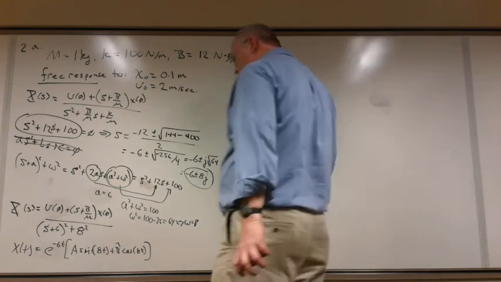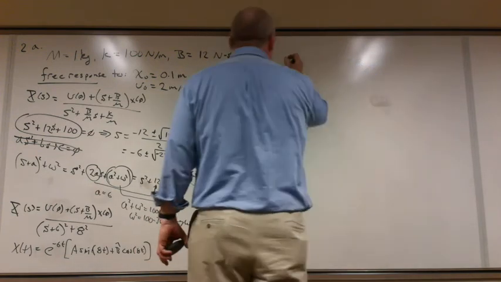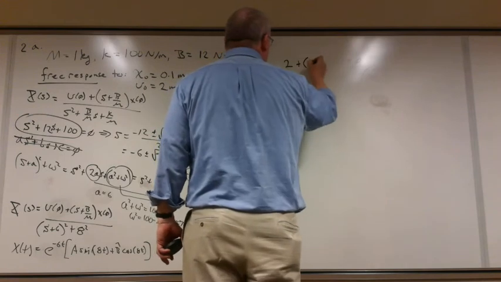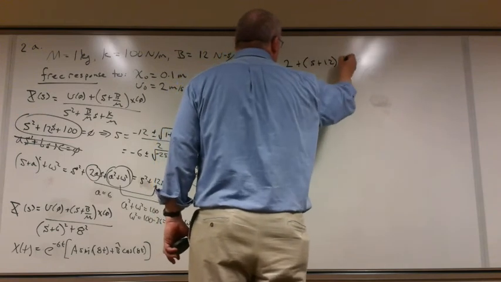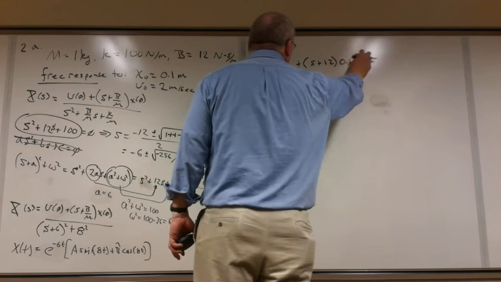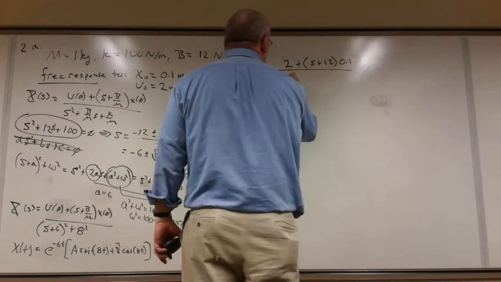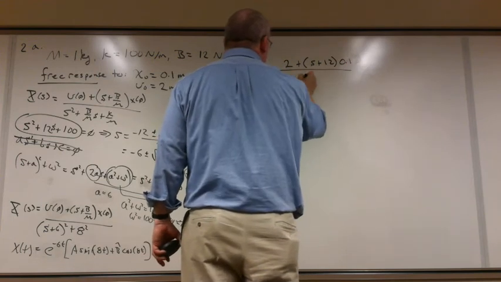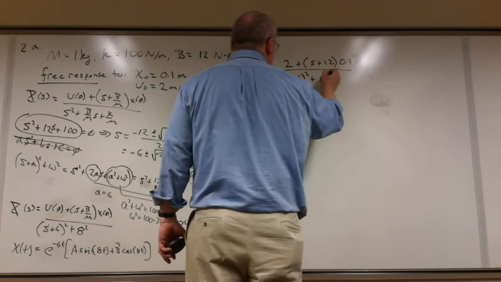All right, numerator is going to be v of 0, 2 plus s plus 12 times 0.1, all over s plus 6 squared plus 8 squared.